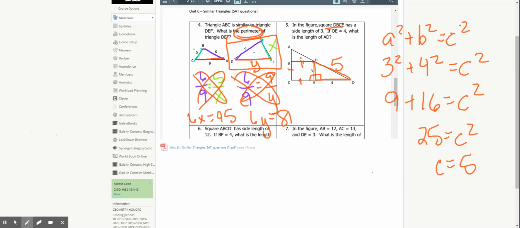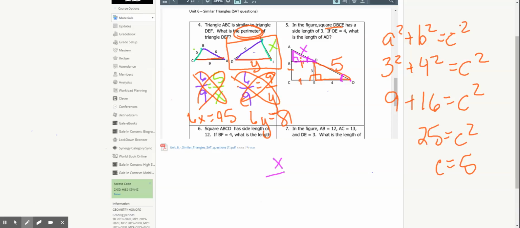So I've got a small triangle here, the 3 and the 4. The shortcut to this is ABD is going to be similar because they're both right angles, and this has the same slope. This COA and BDA, those angles are corresponding. So you've got side angle side going on. So if I'm looking for AD, that's my x.